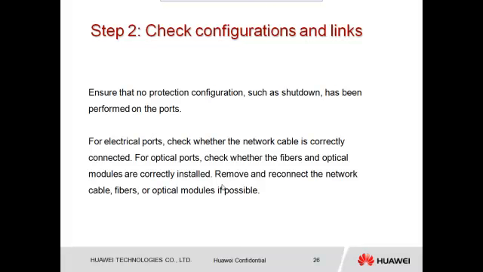Ensure that no protection configuration such as shutdown has been performed on the ports. For electrical ports, check whether the network cable is correctly connected. For optical ports, check whether the fibers and optical modules are correctly installed. Remove and reconnect the network cable, fibers, or optical modules if possible.